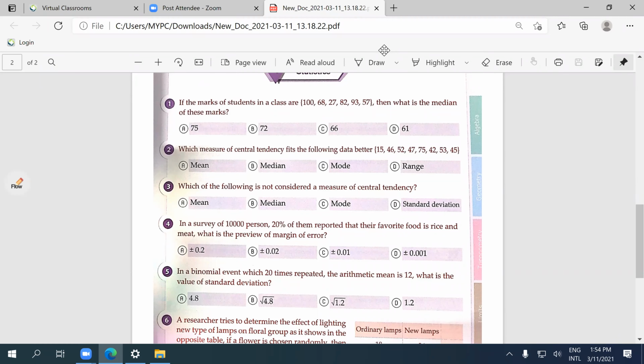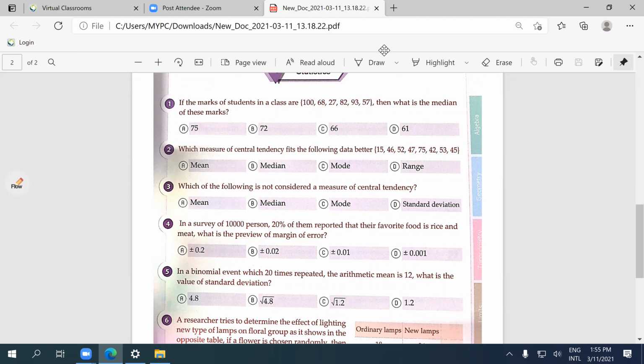Hussein, can you read the first example, please? Hussein, repeat the exam. I don't think so.